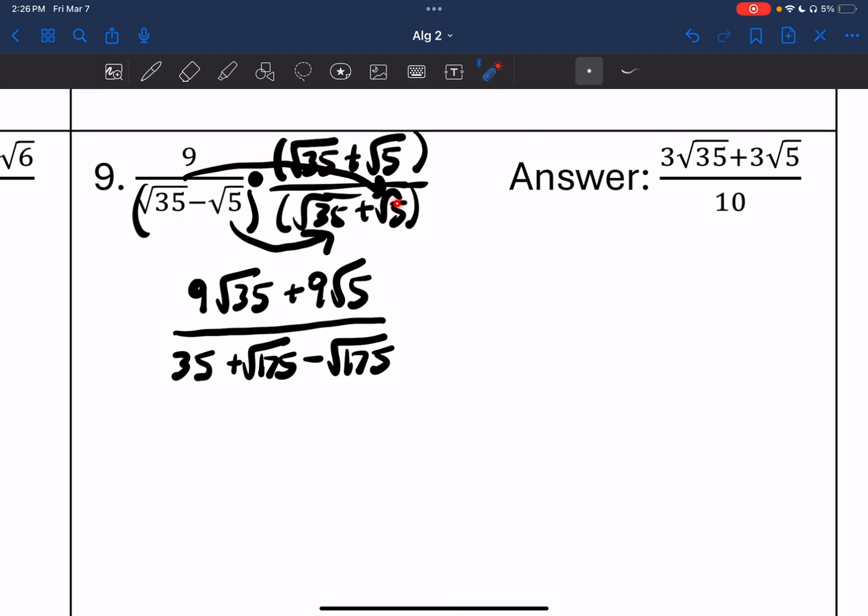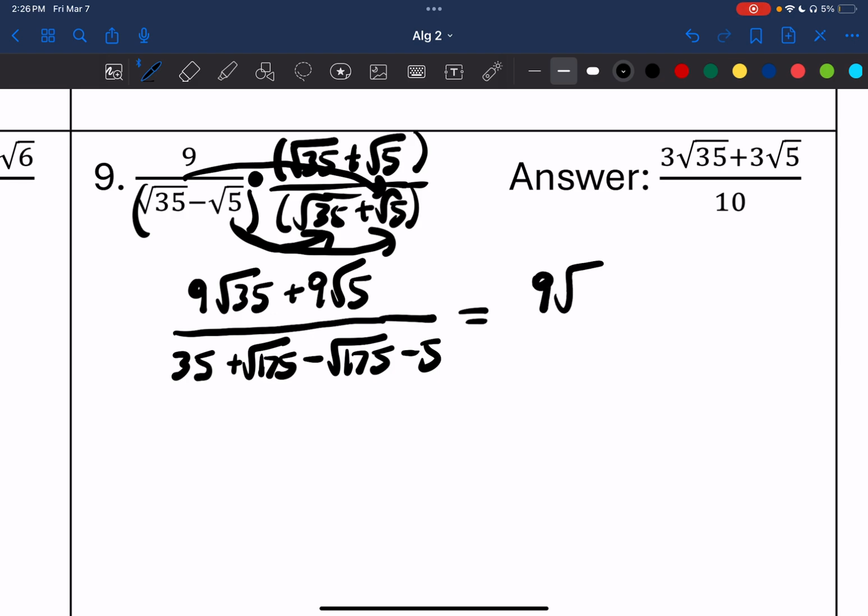So when we do it here, it's positive. When we do it here, it's negative. And then the final thing we have to do is just negative 5 root 5. That would be minus 5. And then we would get 9 square root of 35 plus 9 square roots of 5 over 30.